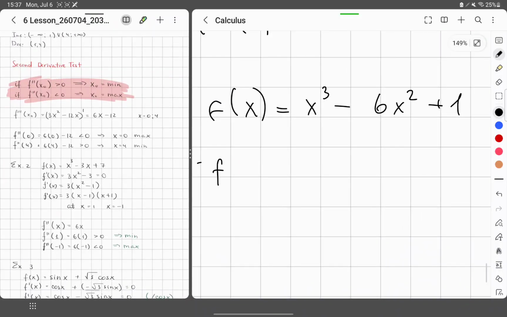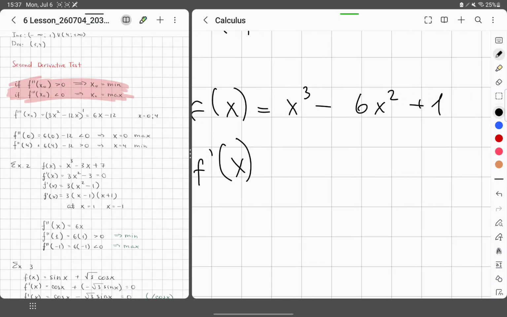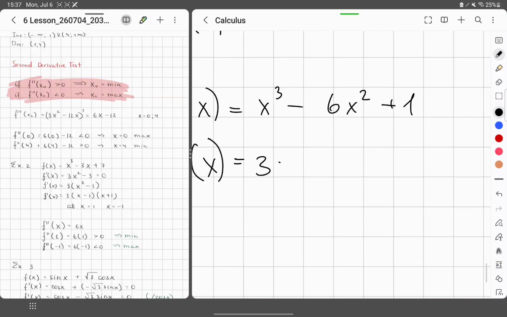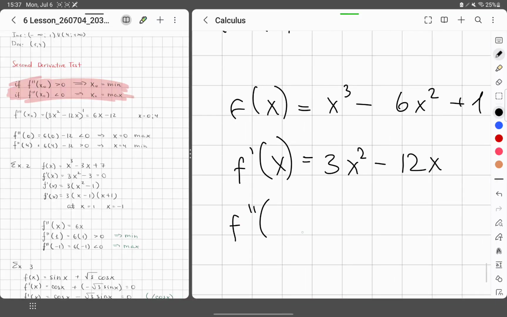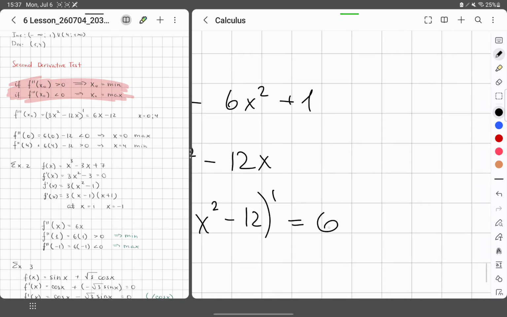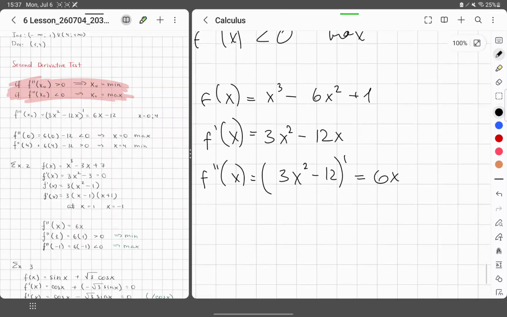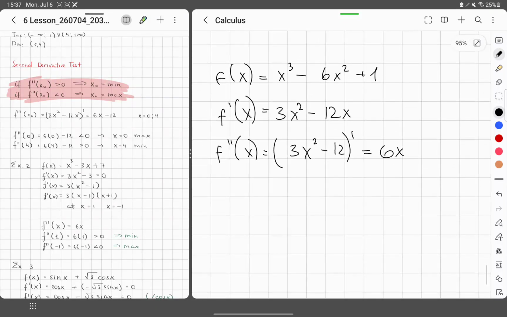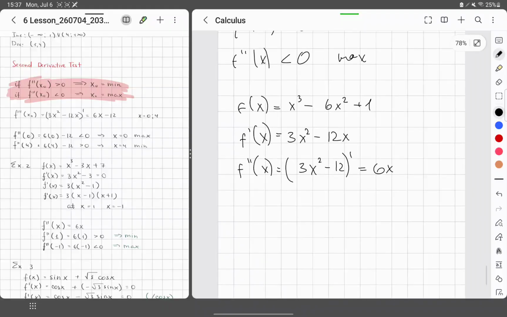What is the first derivative of our original function? It will be 3x squared minus 12x. What is the second derivative of our function? That will be 6x. What are our roots? We found our roots. What are our stationary points in this one?